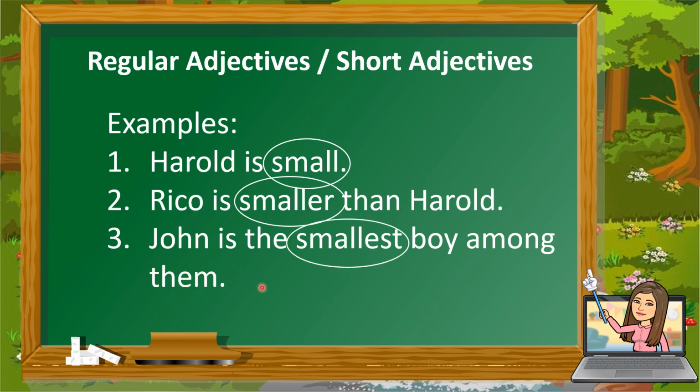Okay, so as the rule says, again, in superlative degree, we are going to add est at the end of the positive degree form small. Okay, so small, smaller, smallest. So number 1 is in positive degree, number 2 is in comparative degree, and last one is in superlative degree. All right, I hope you can follow.